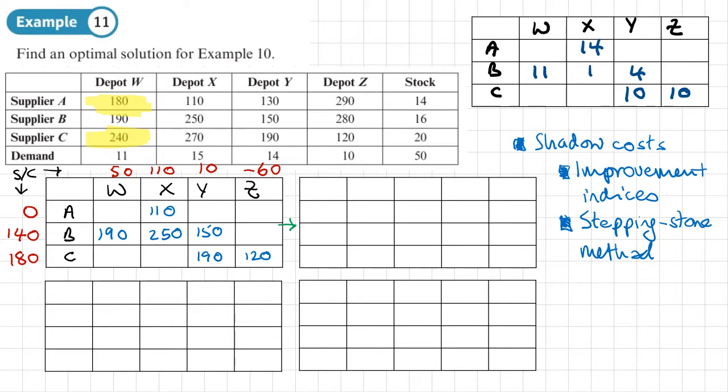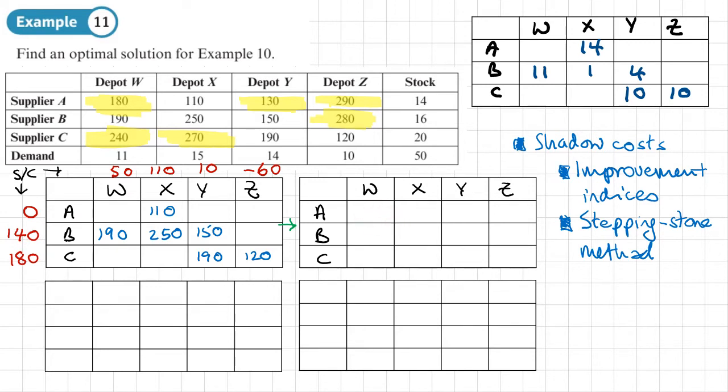Next, in the second column, it's the bottom value that's unused, and then the top value here that's unused, and then in the last column it's the top two cells here where they've not been used. And I take these unused costs and I subtract the shadow costs to find the new improvement indices.